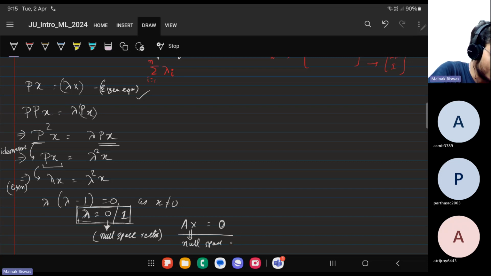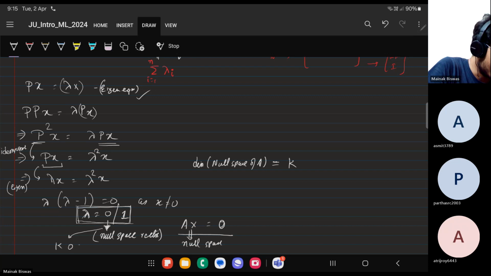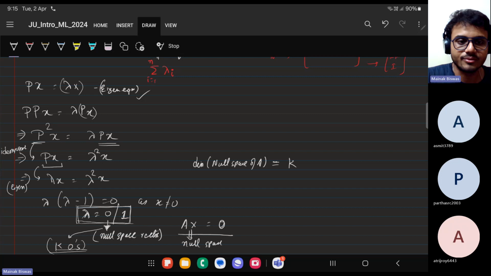So if you have the dimension of the null space of A equal to k, then you will have k zeros at least. Yes or no? Yes. You have to have k zero eigenvalues automatically from the dimensionality.